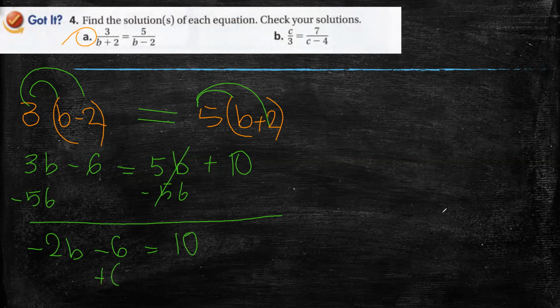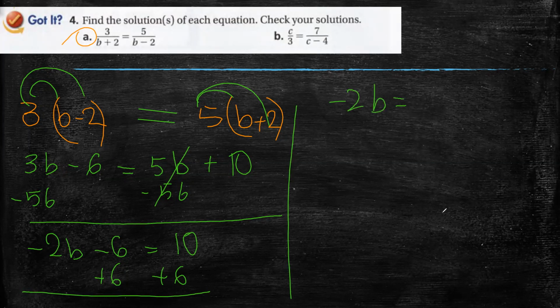Then plus 6, plus 6. So negative 2b equals 16, since 10 plus 6 is 16.